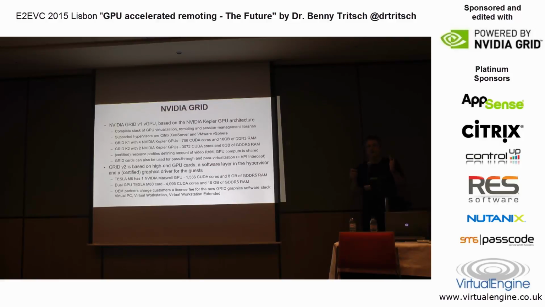The profiles define the amount of VRAM, the amount of video RAM, memory that is assigned to each individual VM. It does not give you dedicated access to GPU resources, which means when you do benchmarking and you only have one user on the system, even though you give him a profile that allows more users to use the same GPU, performance of the GPU compute will still be outstanding.